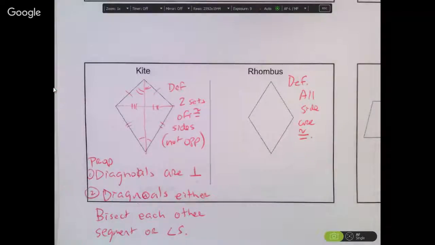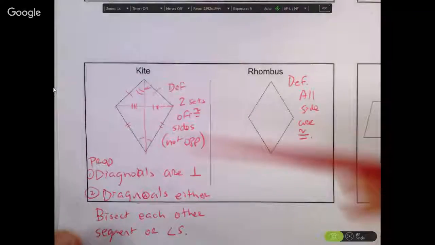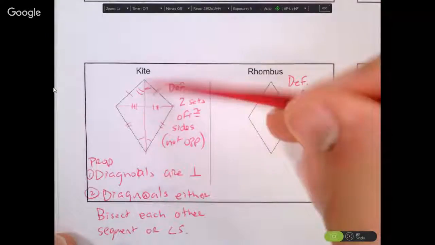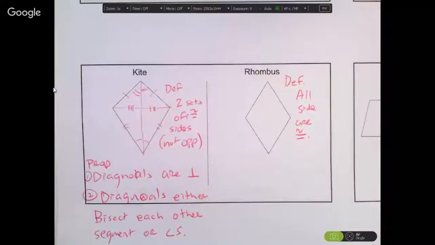Did I miss anything? So this. There's only one segment bisector though. So this cuts the segments in half, and this one also cuts the angles in half. So that's why I said it either is bisecting each other's segment or angles. What am I saying wrong?